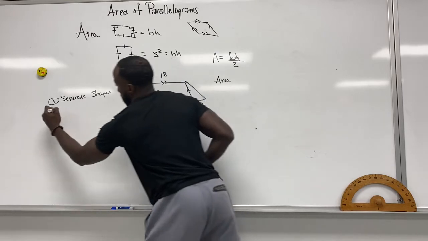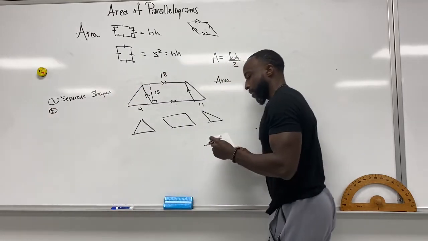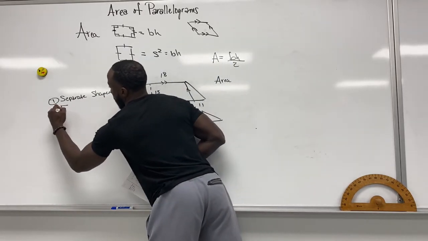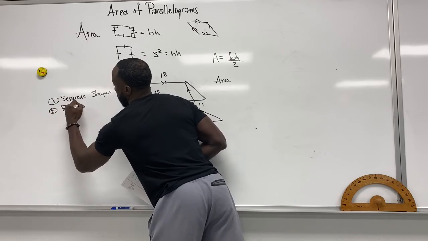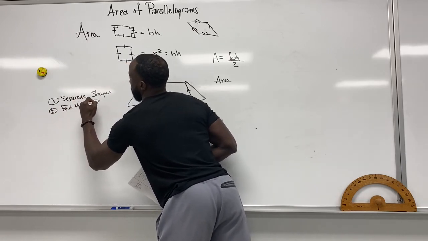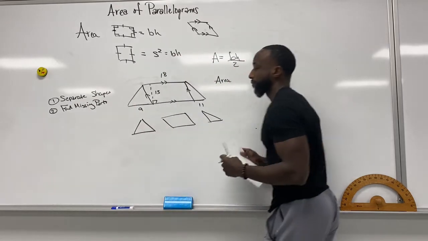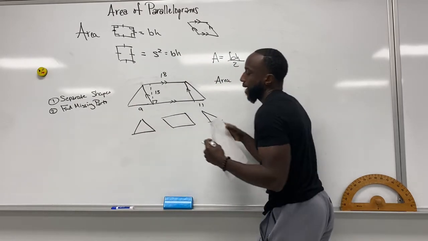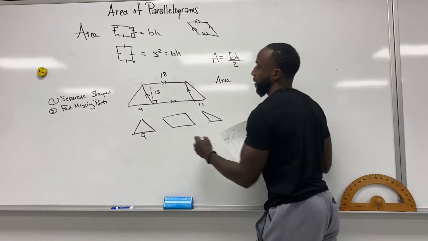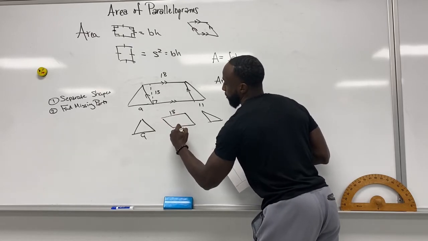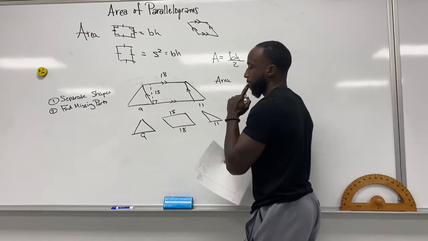Then the next thing you want to do is find missing pieces. Well, if we label everything we got a 9 here, that's the base. This is 18, so the bottom's gonna be 18, and then this is 11, okay?